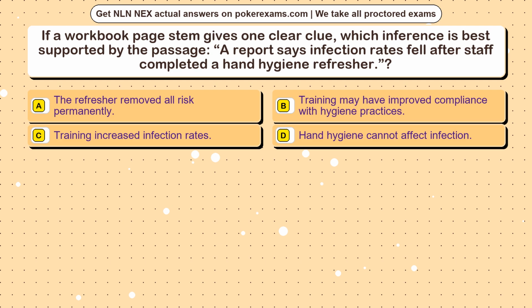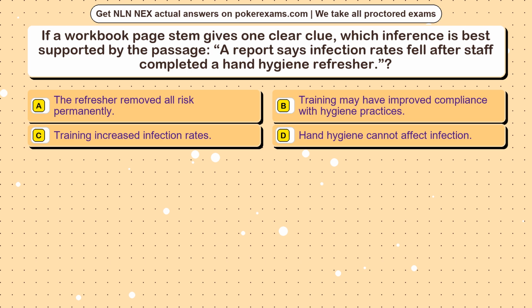Question 4. If a workbook page stem gives one clear clue, which inference is best supported by the passage? A report says infection rates fell after staff completed a hand hygiene refresher. Option A. The refresher removed all risk permanently. Option B. Training may have improved compliance with hygiene practices. Option C. Training increased infection rates.